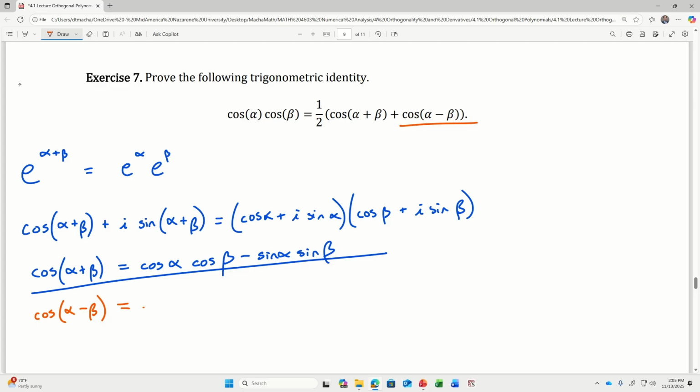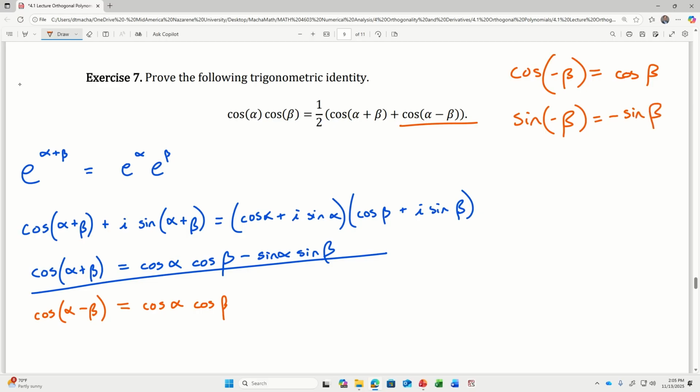So I'm going to end up with cosine alpha cosine negative beta. Do you guys know what is cosine negative beta? Yeah, the same thing as cosine beta. So that doesn't change. Over here, what is sine of negative beta? Negative sine beta. So over here, this becomes a plus sign, since two negatives make a positive.